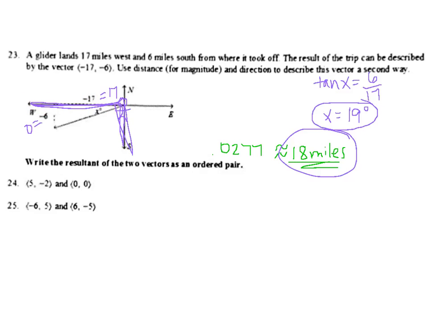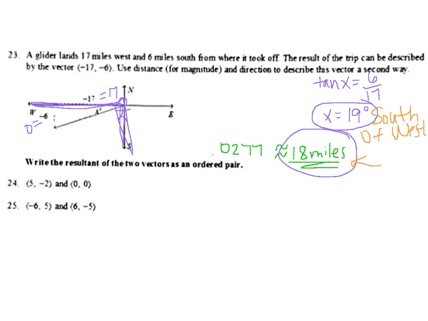That's one of my side lengths, west. And what I'm going to do is move a little bit south of that west. So that's how I write it. I say 19 degrees south of west. And my magnitude is 18 miles.